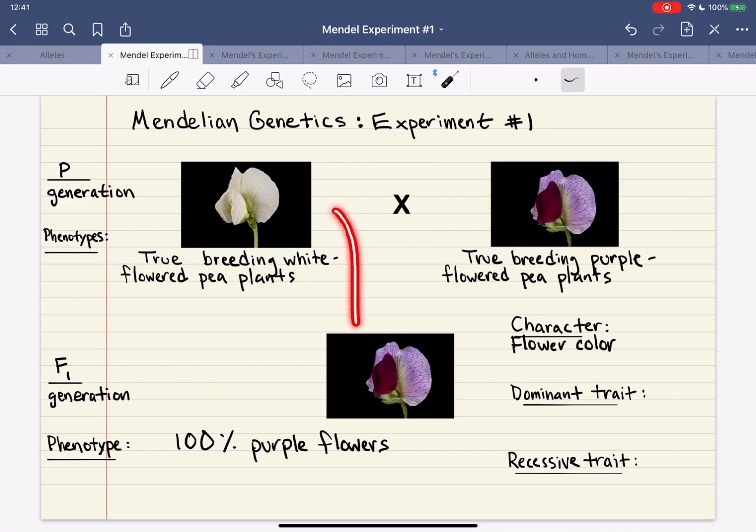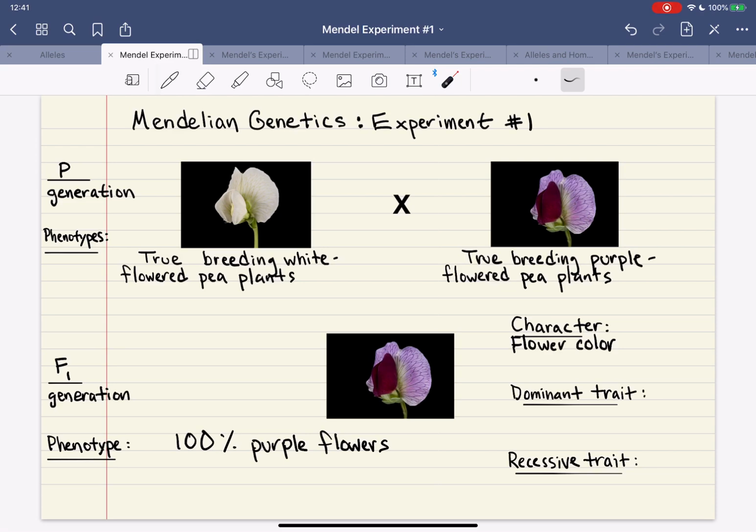But that means gene pretty much. So the gene from the white-flowered parent, from his perspective, it disappeared. So he's wondering, where on earth did the factor from the white parent go? Did it get destroyed by the factor from the purple parent? Did it get pushed around and dominated? Is it hidden? What's going on?